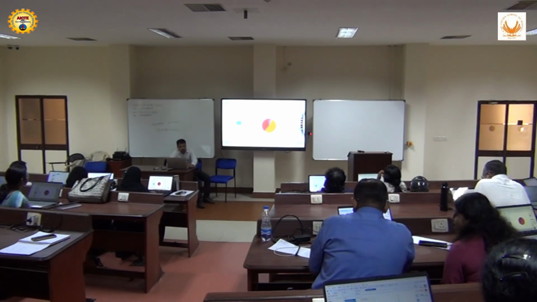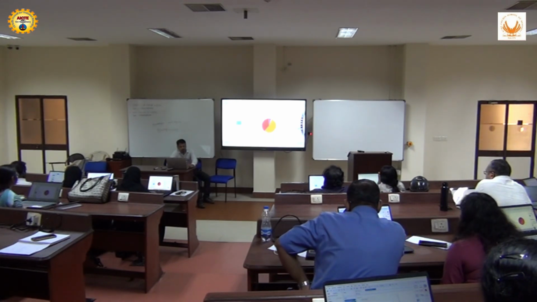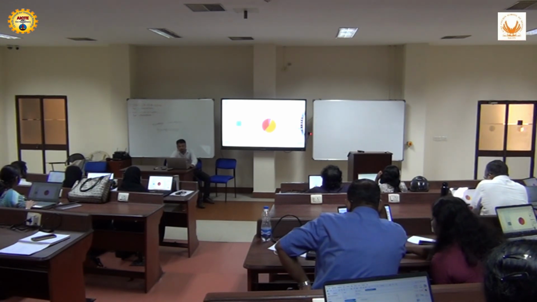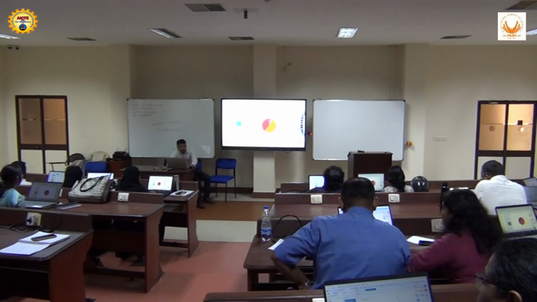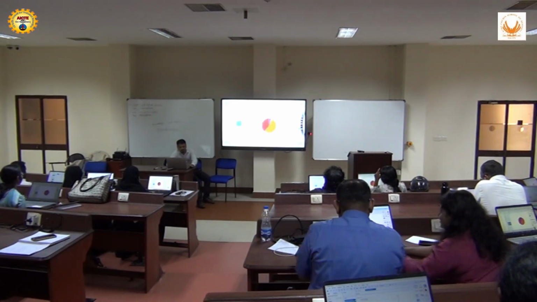Now if I want the total number again, take attrition count and again give it to label. You will get the total number again. So these are the editing ways.